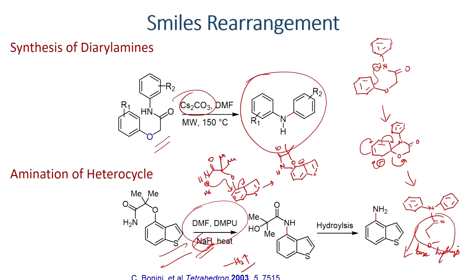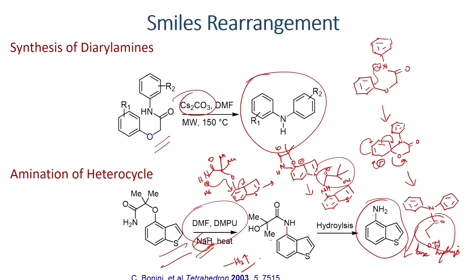You have this intermediate. Once we have this one, now it can convert into this. So when you do the hydrolysis with base, as we have just seen, you can lose this functional group, and you can convert into this amino derivative.